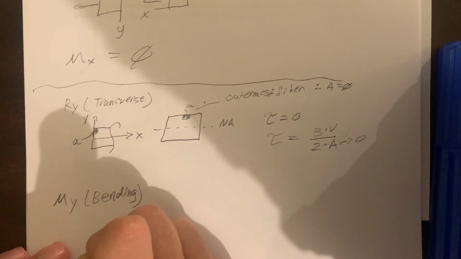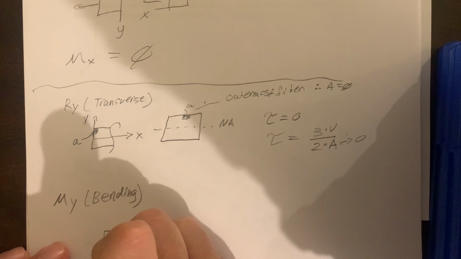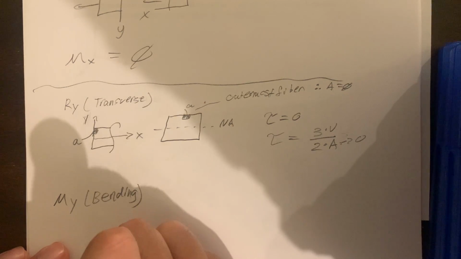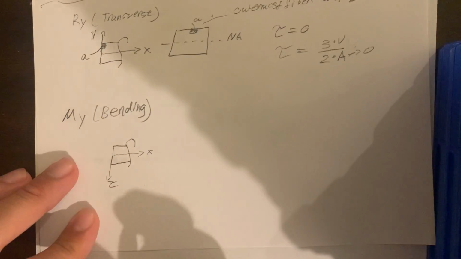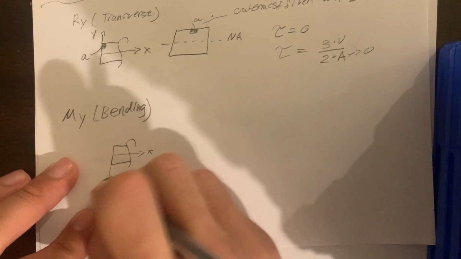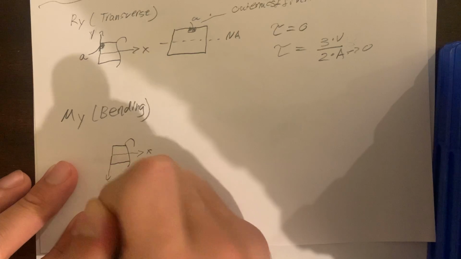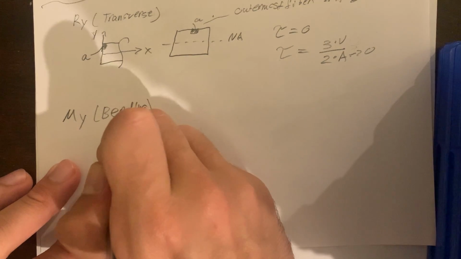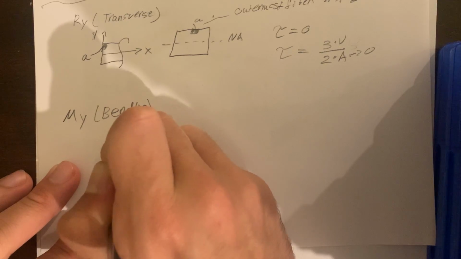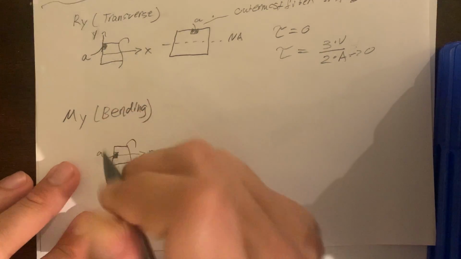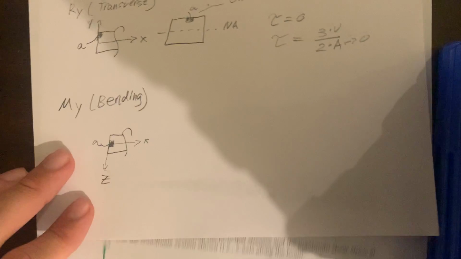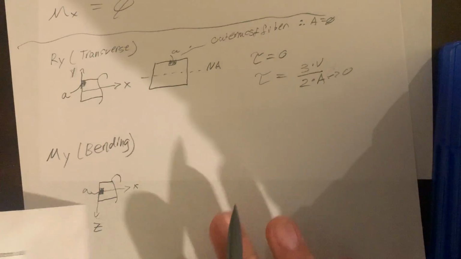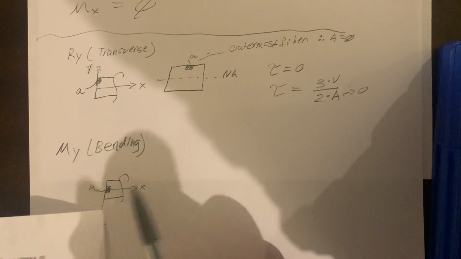Let me draw the block. We'll have the x-axis coming out this way, and this is the z-axis. And point A is going to be right there, because if you're looking at the zx axis, it would be right smack in the middle of the x-axis.